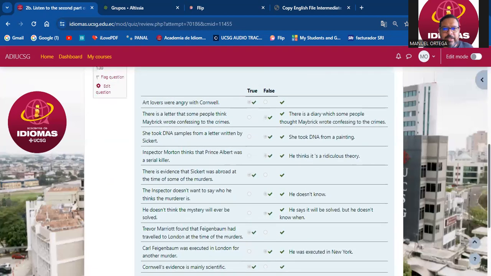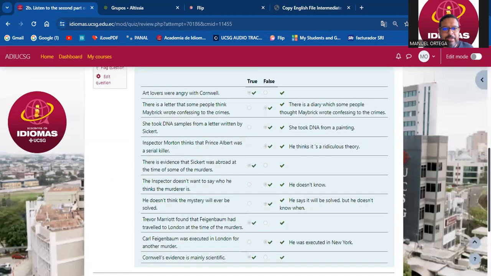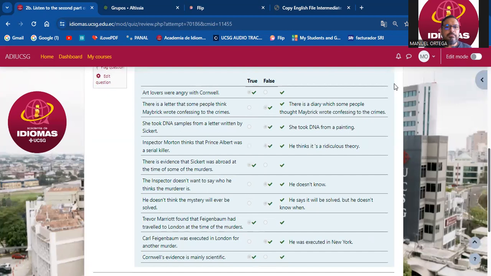I leave it there for a minute. The last column is only to mark that it is the right answer. So pay attention to the first two, true or false, right? The last tick that you see is because it's the right answer. So pay attention to the true or false column.